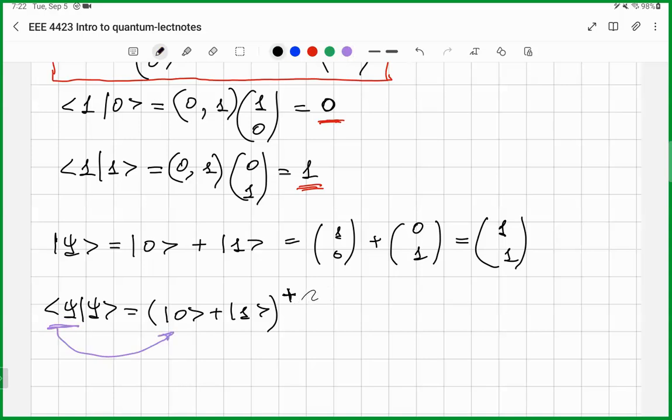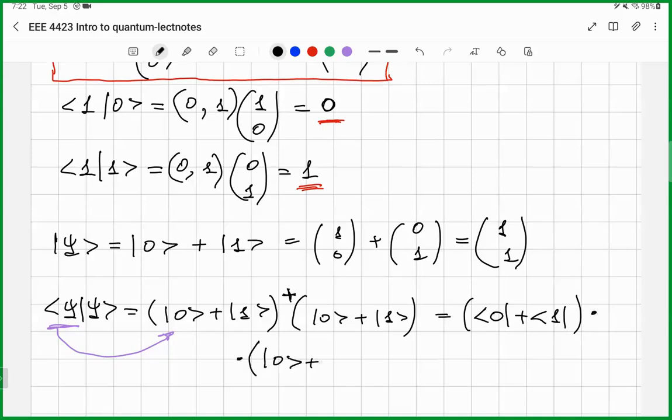And for the ket vector, it is 0 plus 1. Applying this dagger, the Hermitian conjugation, it gives us 0 plus 1 times 0 plus 1.